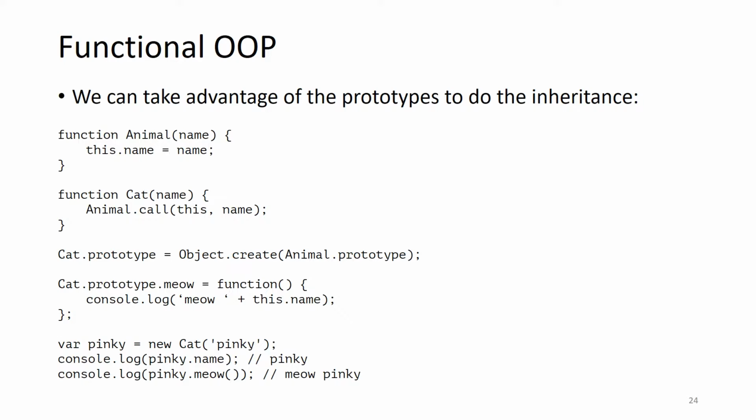Maybe repeat it some different way. So basically, in normal language, it will look like something: class animal, something like animal name, this.name equals name.